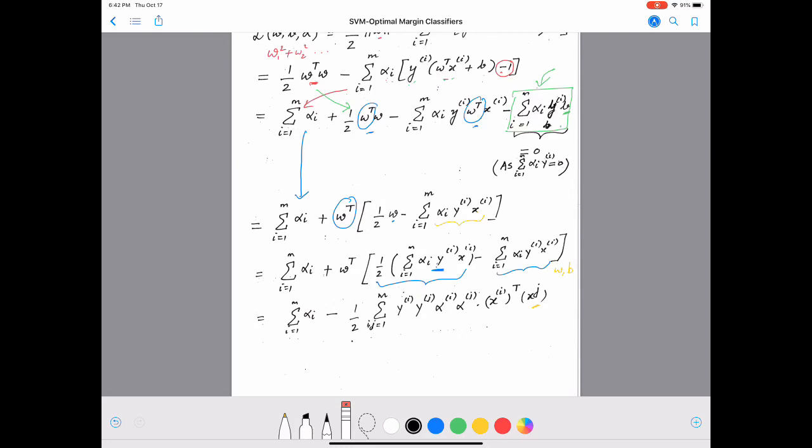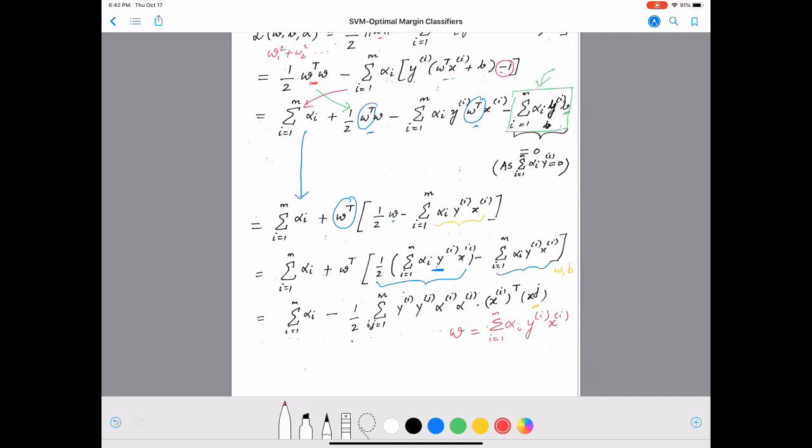Now to understand W transpose, let's look at all the terms inside W transpose. So we know that W is equal to sigma i equal to 1 to m alpha i, yi, xi.